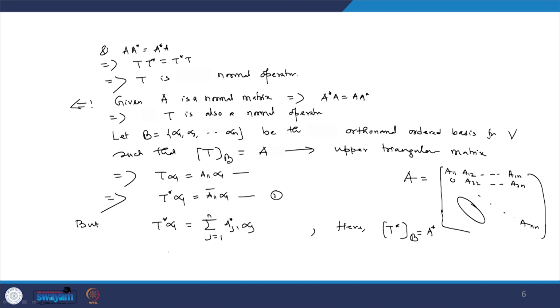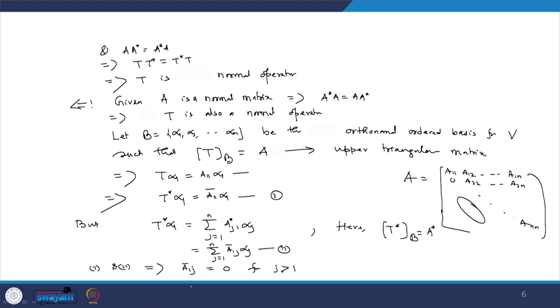So, this is equal to the sum over j equal to 1 to n of A1j bar alpha j. This is the second one. So, 1 and 2 imply A1j bar equal to 0 for j greater than 1. I mean A12 bar equal to 0, A13 bar equal to 0 and A1n bar equal to 0. Okay.